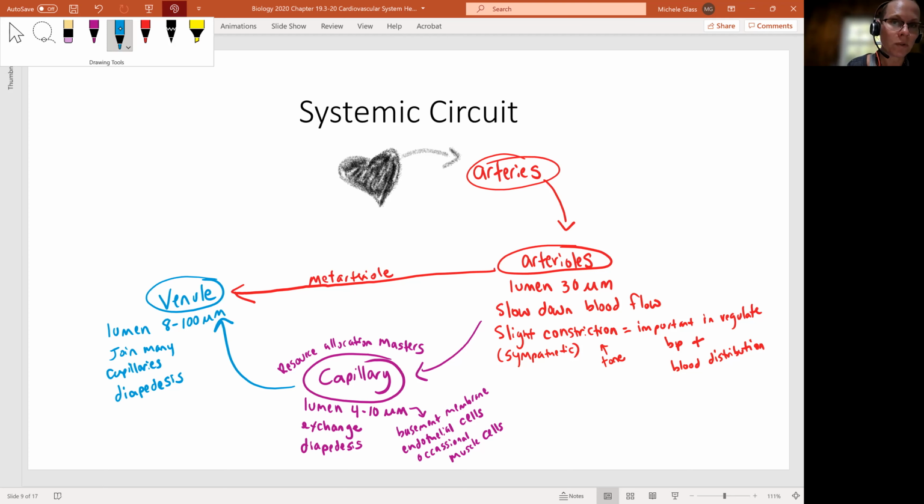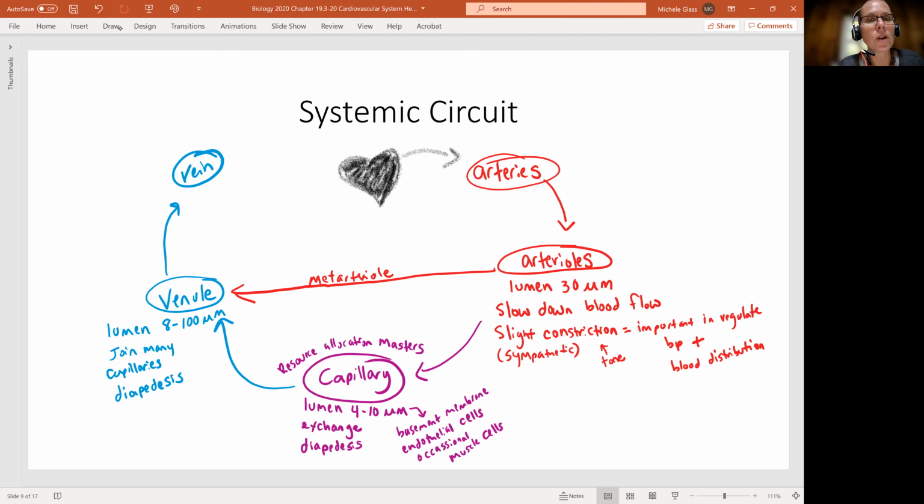From the venule, then, we're going to see the blood flowing to the vein. The vein, remember, is that larger, more irregular lumen. It's that thinner muscular wall, although it does have a thick tunica externa.